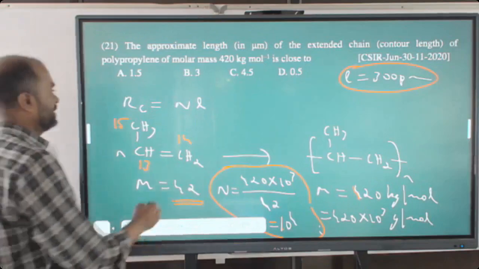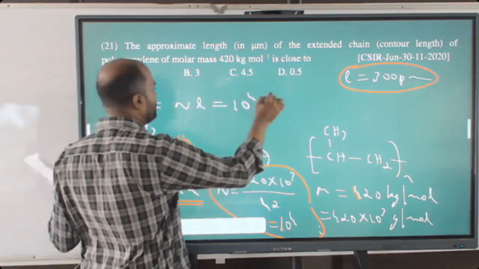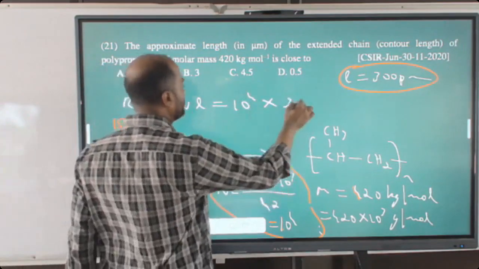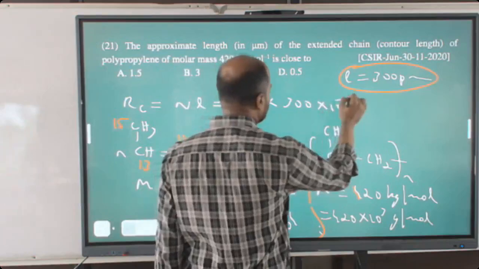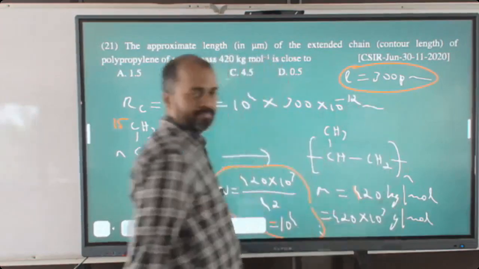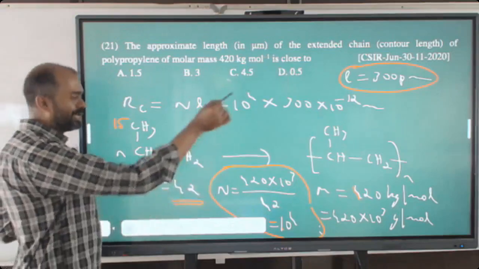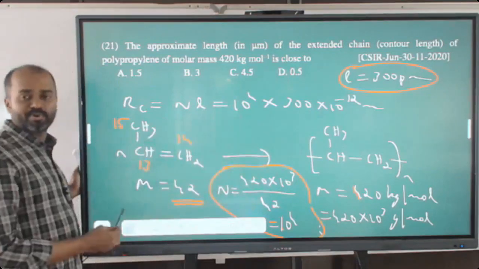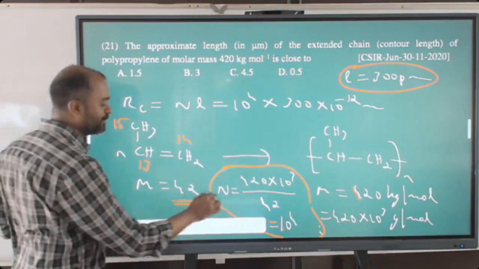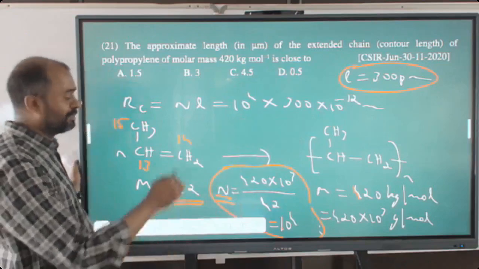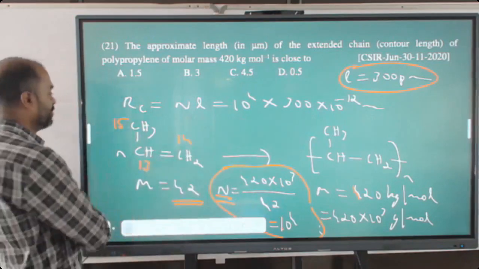Substituting, N is equal to 10 to the power of 4, and L is 300 into 10 raised to minus 12 meter. 1 picometer is equal to 10 raised to minus 12 meter. Number of monomers N is equal to the molar mass of the polymer divided by the molar mass of the monomer.